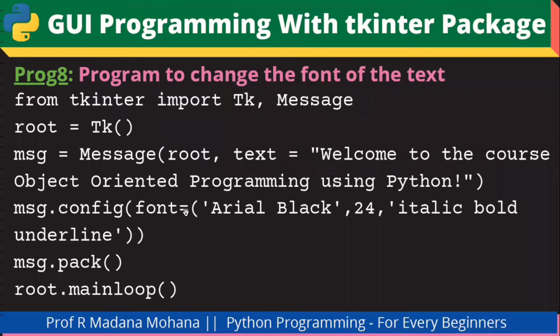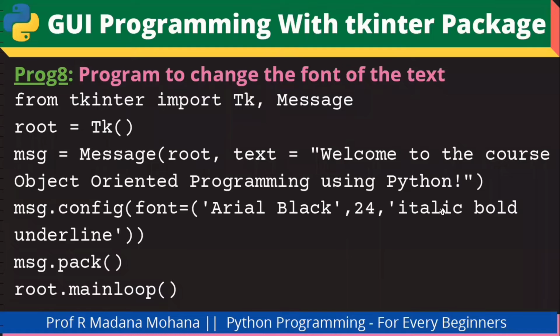Here I have given font equal to Arial Black, size 24, then italic, bold and underline also. Whichever you want, you can change the font to your customized font. You can give your size, whatever size of text you want, whether you want italic and bold, or only italic, or only bold, or only underline.